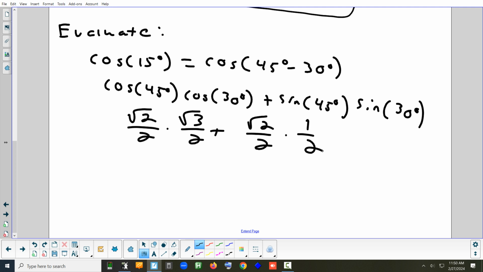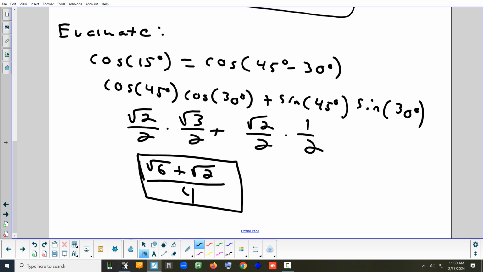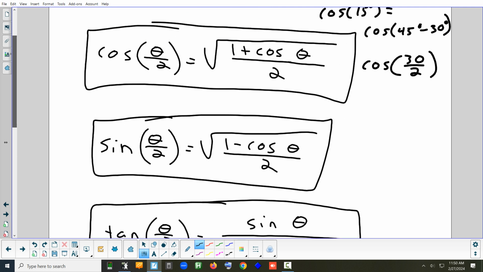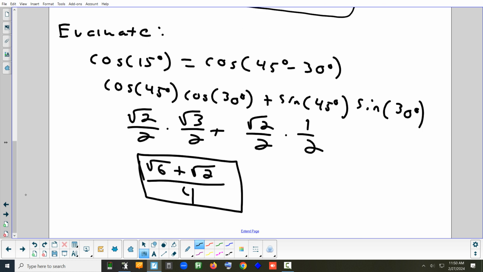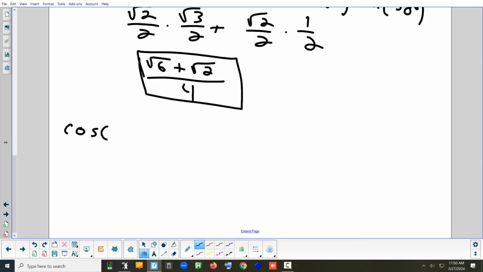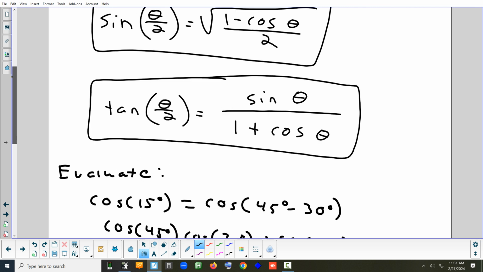Okay. Let's try the other one. Let's see if it's more work, less work, same amount of work. It's the square root of 1 plus the cosine of 30 over 2. So cosine 15 is the square root of 1 plus cosine 30 over 2.